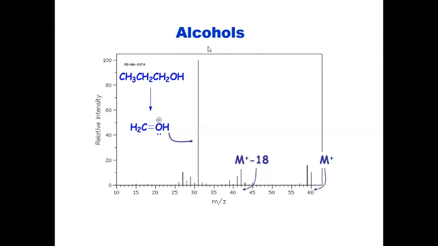If we analyze any alcohol in mass spectrometry, there is a removal of water, meaning one oxygen and one hydrogen from the OH group, and one hydrogen from the CH2 group.